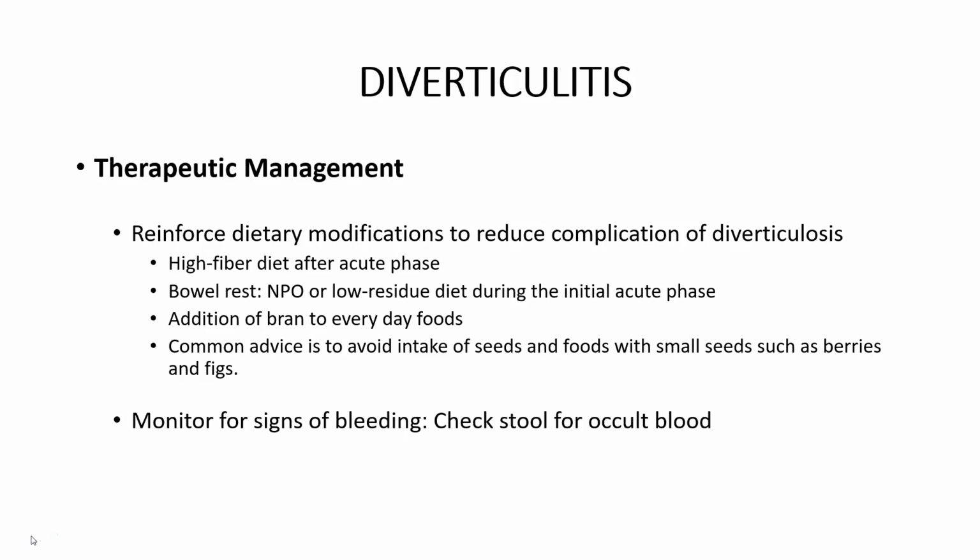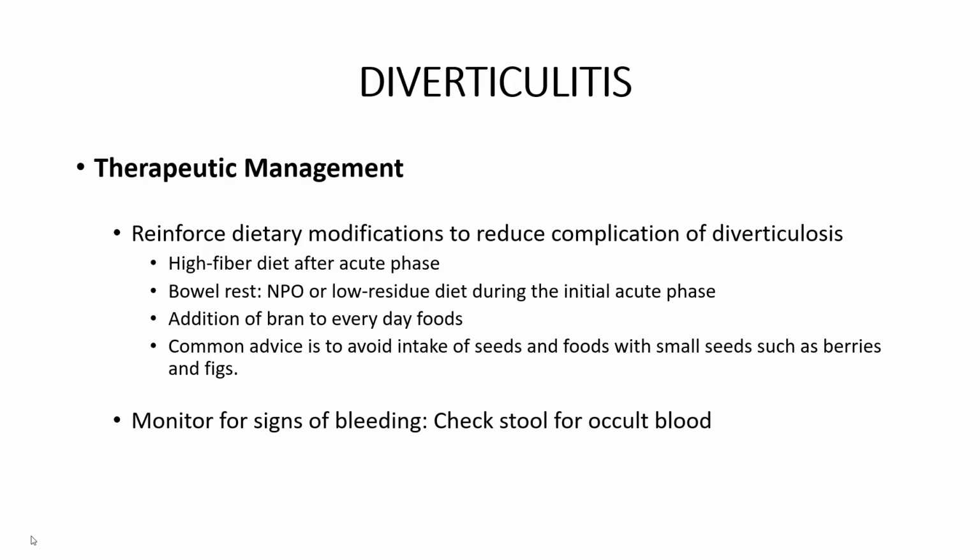When we talk about fiber, you want to start slow, because too much fiber too fast can cause excess gas. And we talked about the gas increasing the pressure on the lumen of the colon. And it can cause cramping, so they're going to have some discomfort. So you want to educate them on how to change their diet, but you also want to have them start slowly.